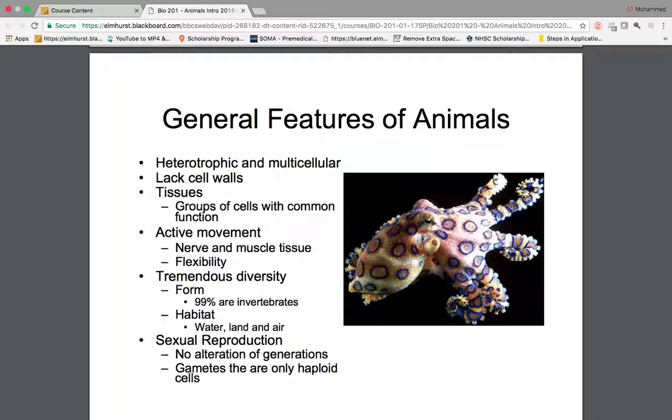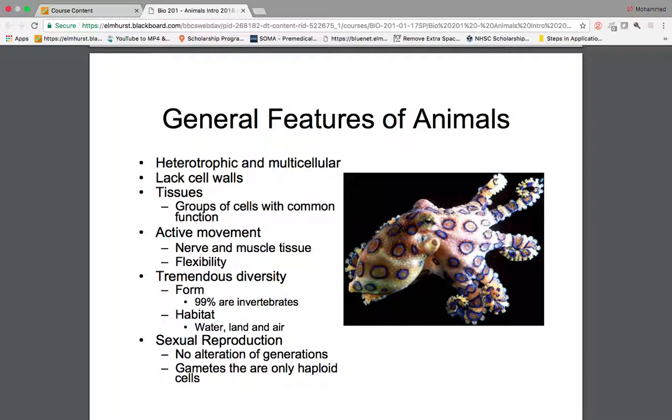Plants and things like chemosynthetic bacteria can. Now they can form symbioses with plants and chemosynthetic bacteria, but it's actually those other organisms that are doing the synthesis of carbon compounds. So they have to consume other things to get their energy.